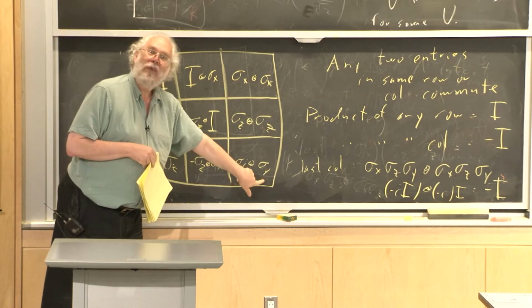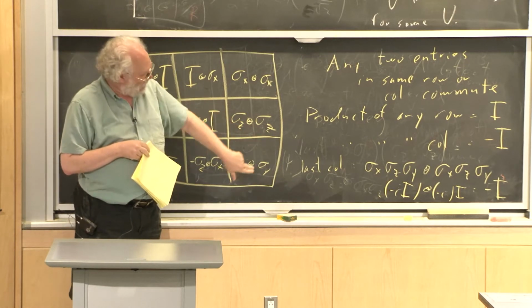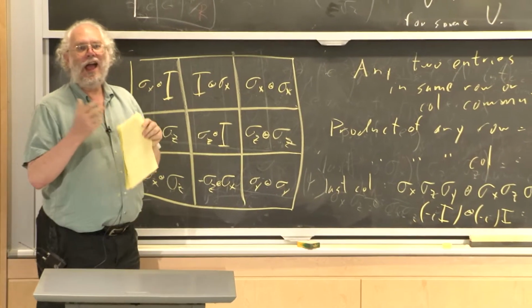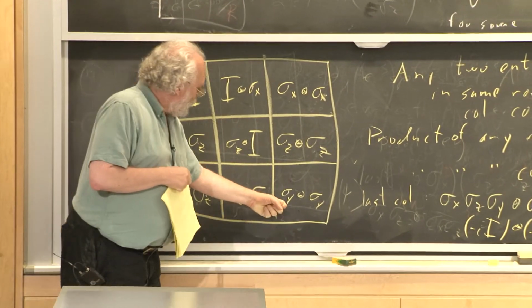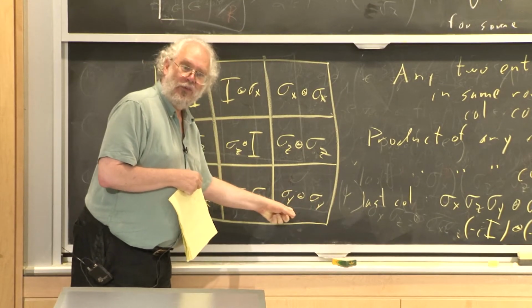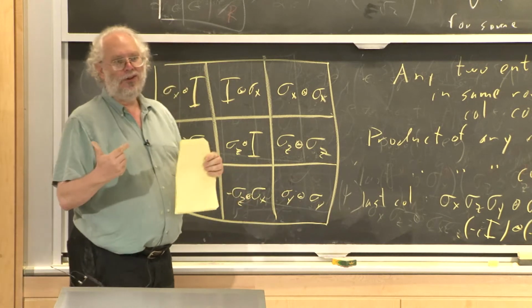Actually, when both of them measure sigma y, they get opposite results. But this is opposite, this is opposite, and we're taking the parity, so they get the same ±1 for this one, even though each of their qubits, they get opposite.